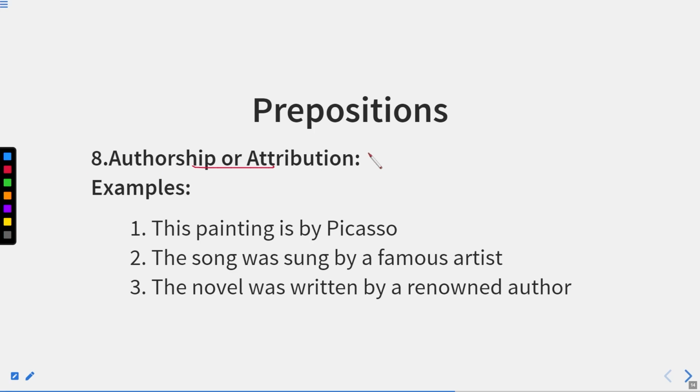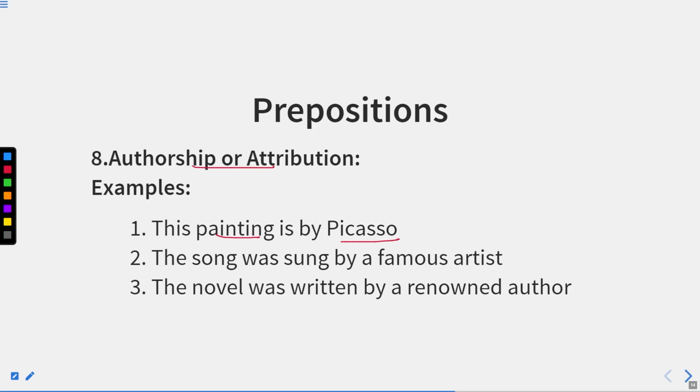Authorship or attribution. Again, if someone has to show the authorship, the attribution, that is the quality or the possession of something, we can use the preposition by. For example, this painting is by Picasso. It means this painting was made by Picasso.